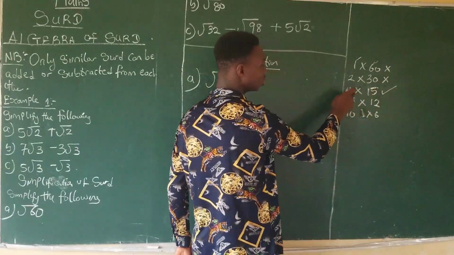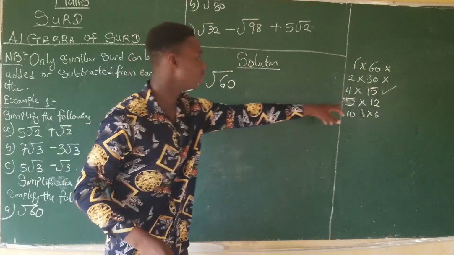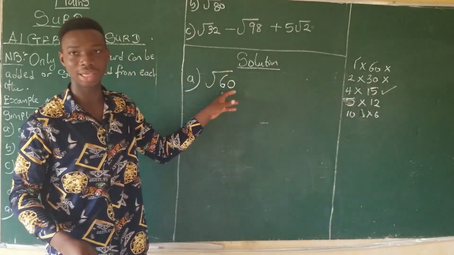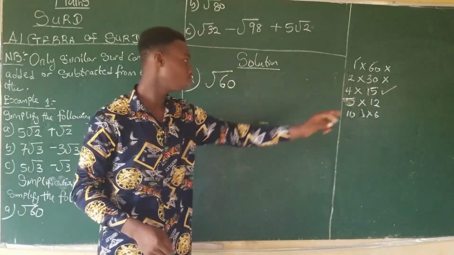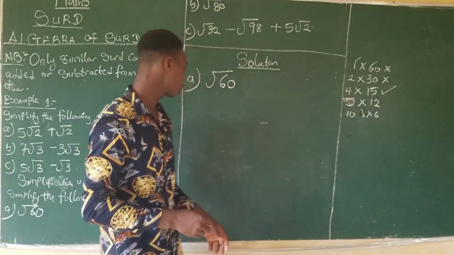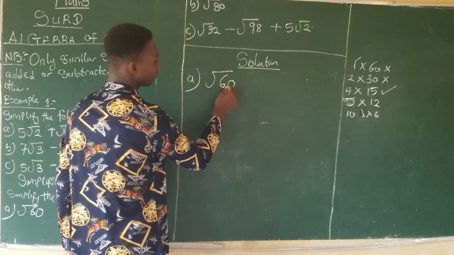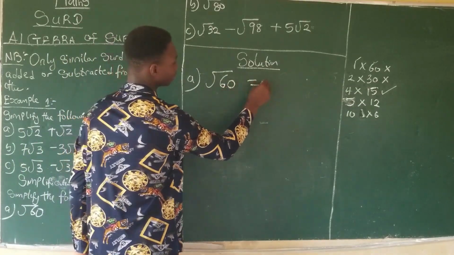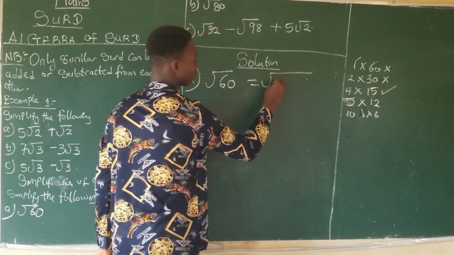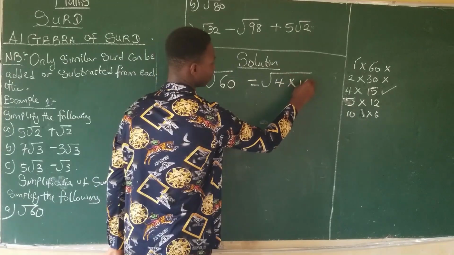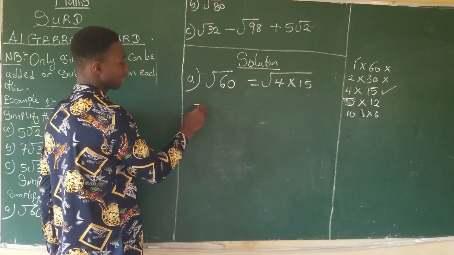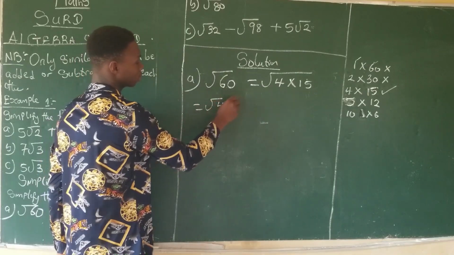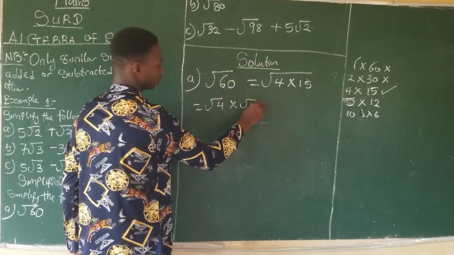So one thing you must know is that for every number you are going to use to replace any given value inside this root, you must be able to look for one of their square roots. So from what we have here, we can say root 60 is the same thing as root of 4 times 15. Separate them, and it is the same thing as having root 4 times root 15.